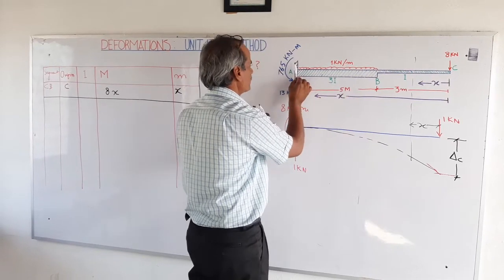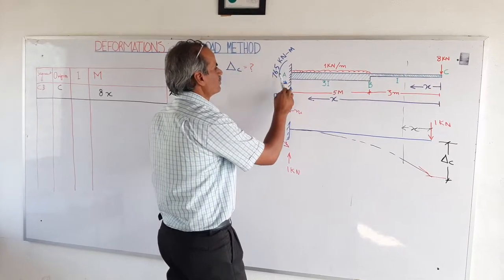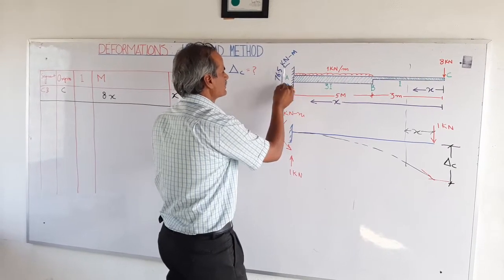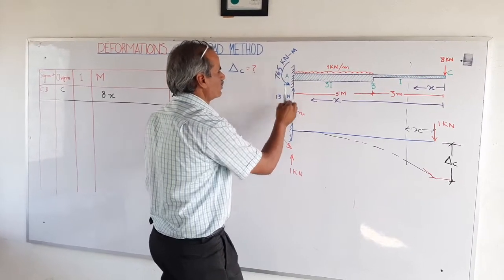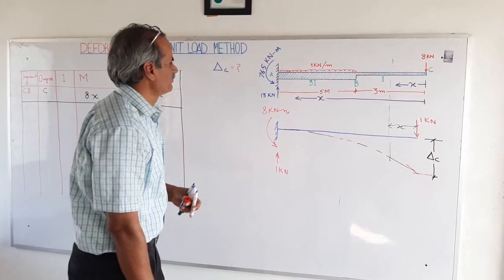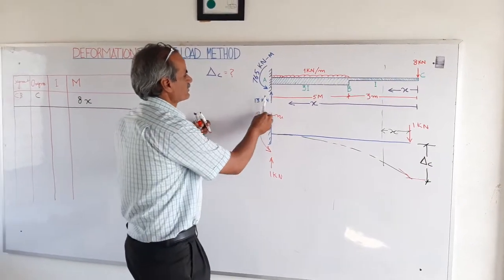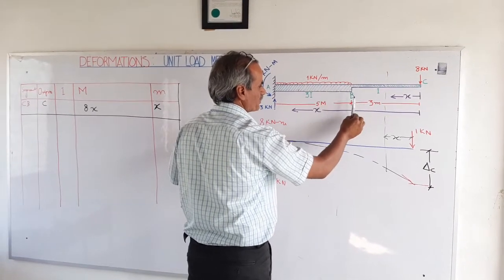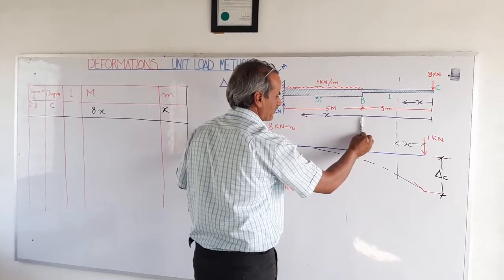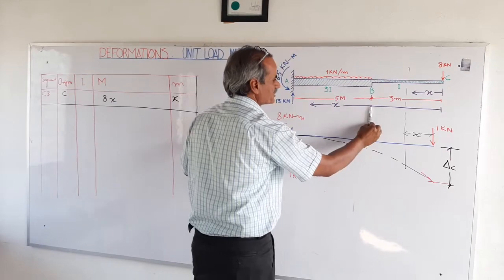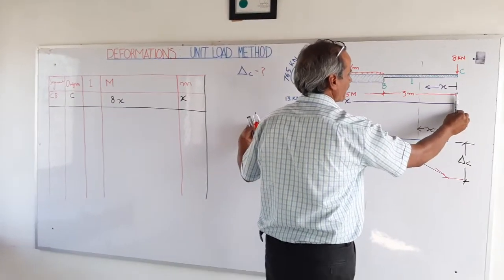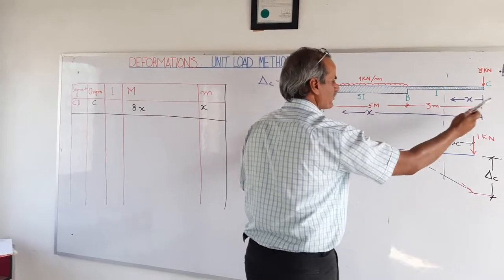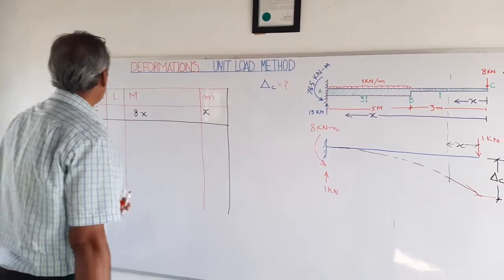If we proceed from this side, then we have to consider this 76.5 kilonewton meter, which is the moment over here, and also this one. And if we come from this side, then we will have to decide whether we originate or ordinate from this place or from this place. Over here I have marked that originating or ordinate from this place, coming from the right side.